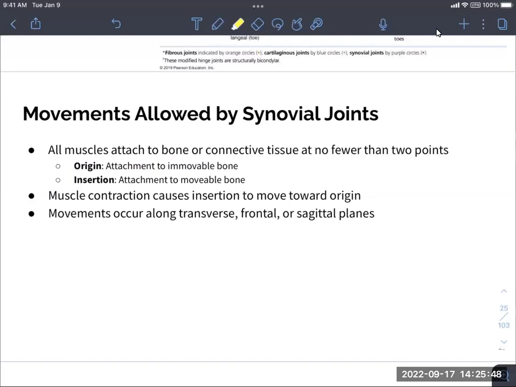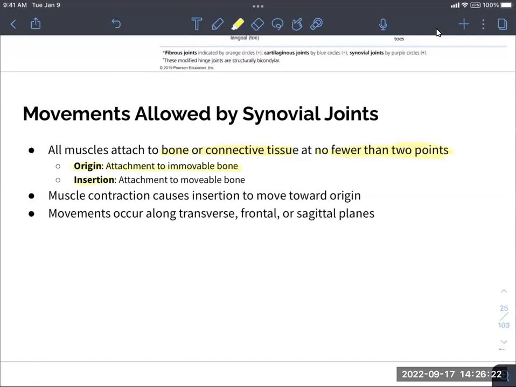So we'll talk about it more when we get to muscles, but all muscles in the body attach to a bone or connective tissue. And they usually connect at least two places, sometimes more. Our origin for those muscles is the attached part, and it's not movable.